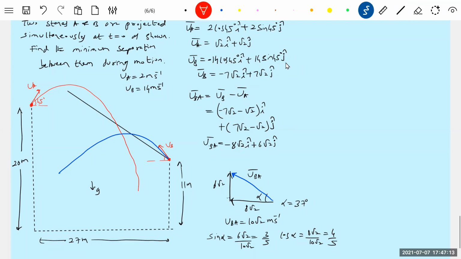Path of stone B with respect to stone A. The black color line is something very important, and this angle.